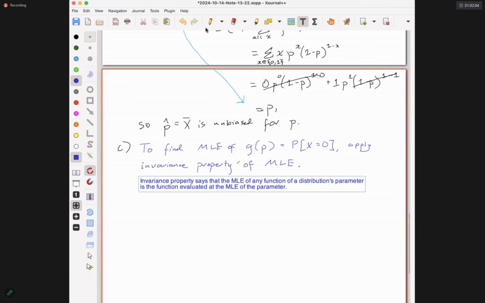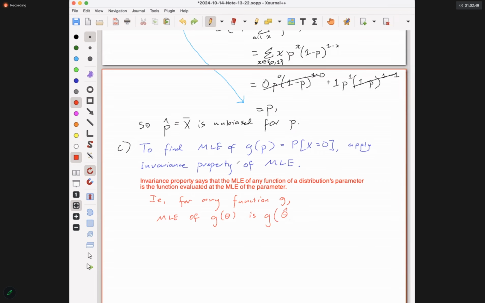So in other words, for any function g, the MLE of g of theta is equal to g of the MLE of theta.